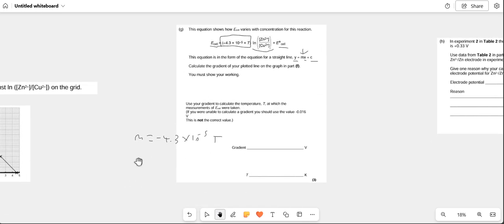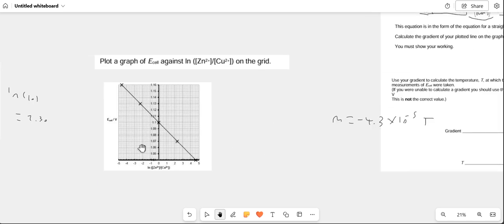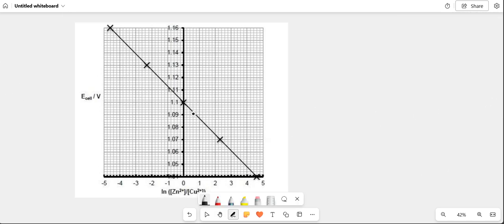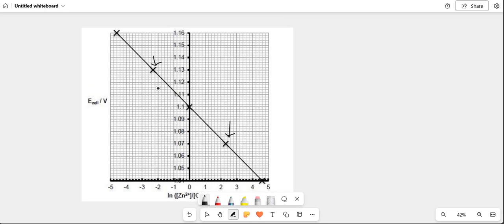Now what you need to do is find the gradient from the graph so I can find T. You see how it's asking me to find T? It also says find the gradient from the graph, so it gives you a little bit of help there. Just take 2 points. I suggest you do it as wide as possible, so take that and take that point there. Remember gradient is y2 minus y1 over x2 minus x1, so just keep them consistent.